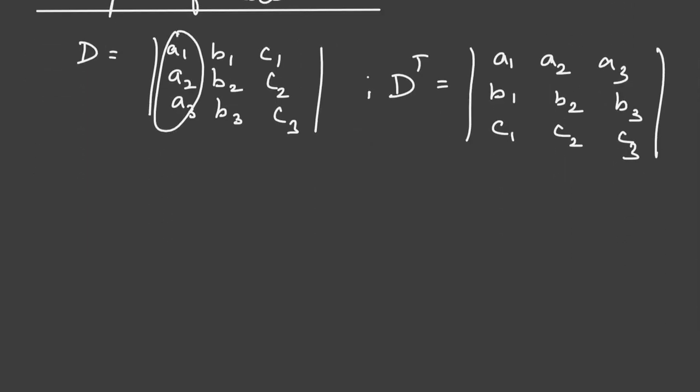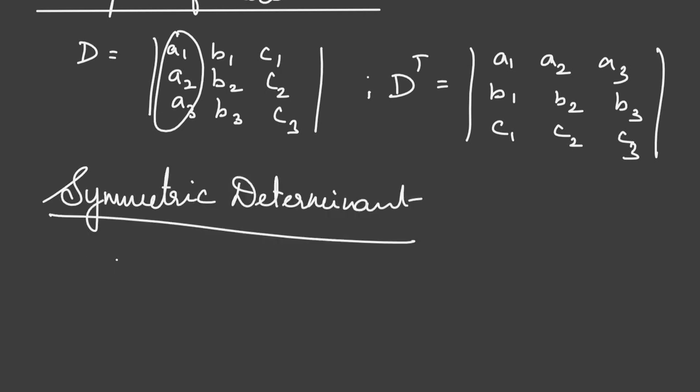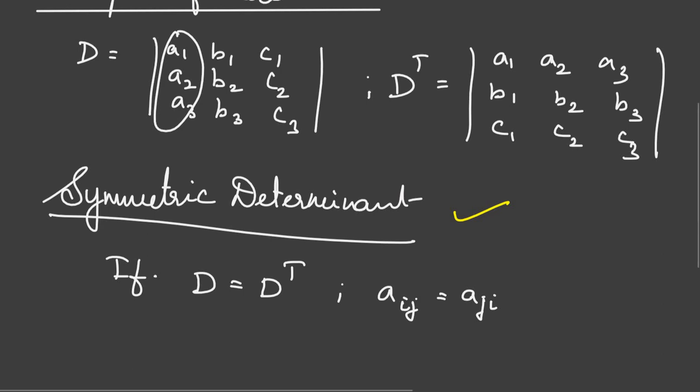Next, coming to the special cases of determinants, under that, the symmetric determinant. What is this? If D is equal to D transpose and Aij is equal to Aji, then we say the determinant is a symmetric determinant.